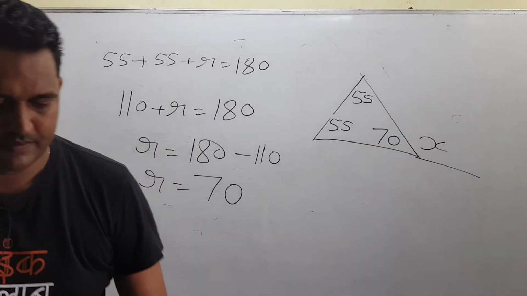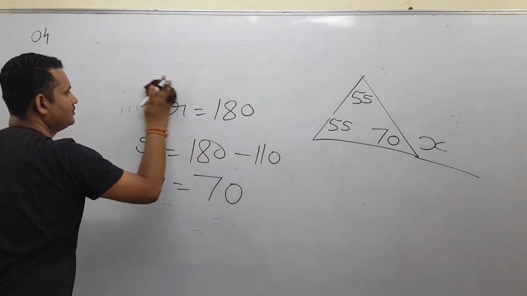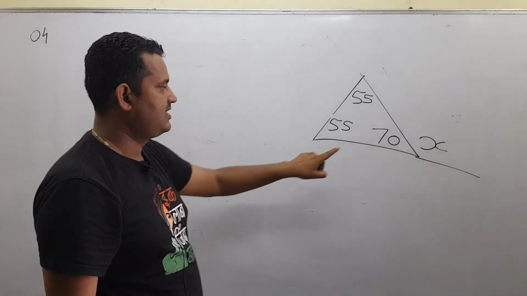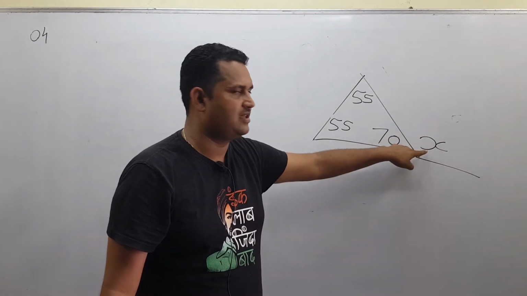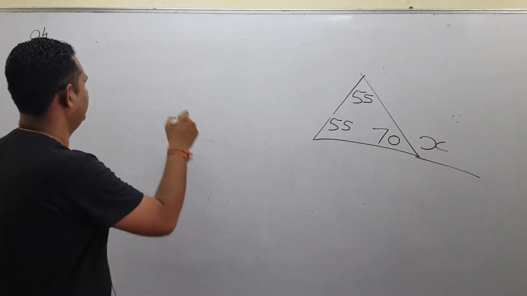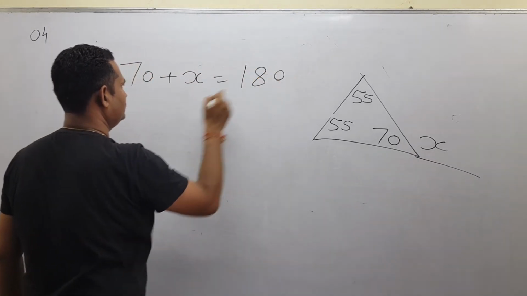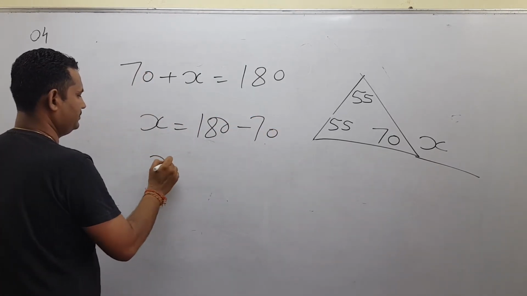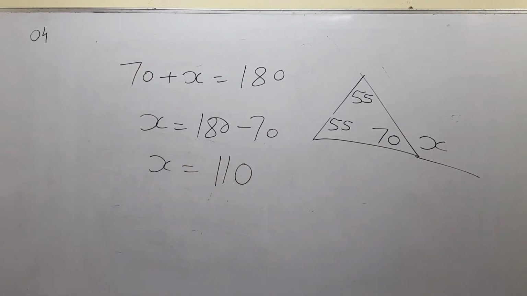Again it is a linear pair. 70 is the interior angle, x is the exterior angle, and you know that one interior plus one exterior makes a linear pair. 70 plus x is equal to 180. So the answer of x is 110 degrees.